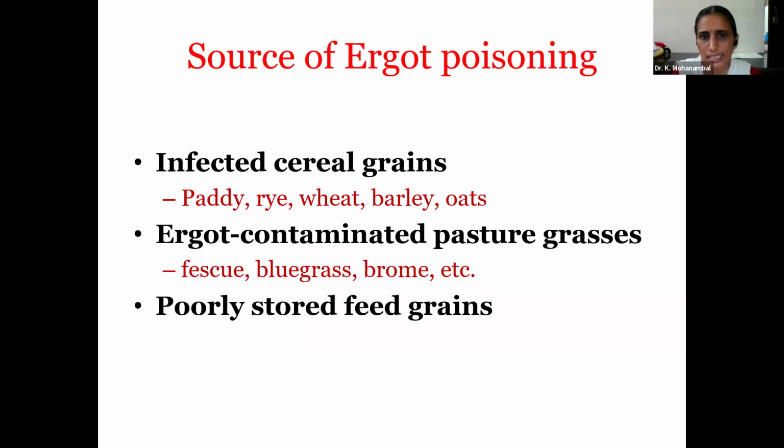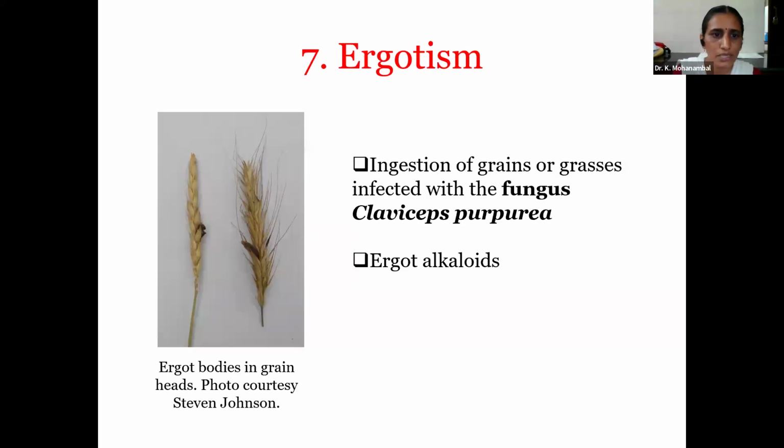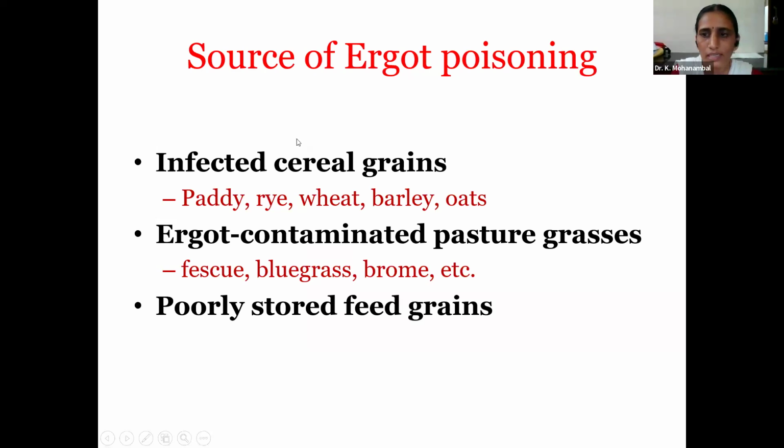So the cereal grains like paddy. In this image, the black discoloration of the grain is because of the ergot fungus. Whenever a plant has ergot fungus, we should not feed it to the animal.